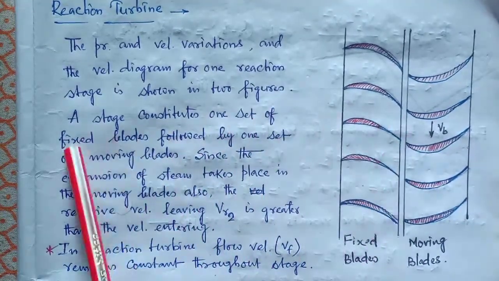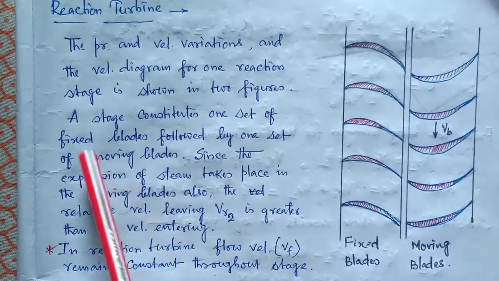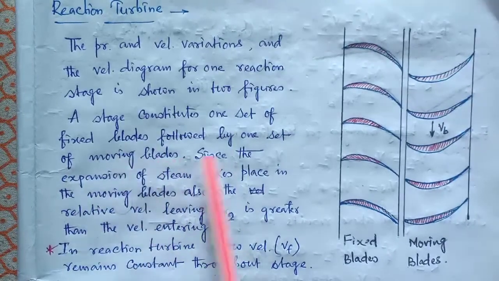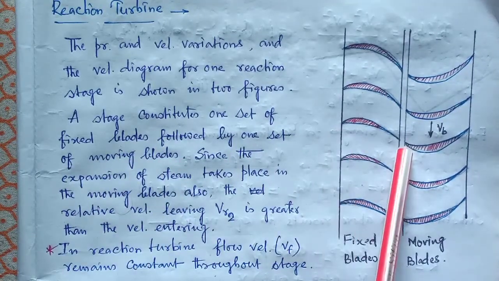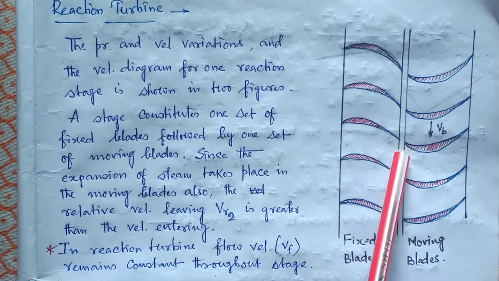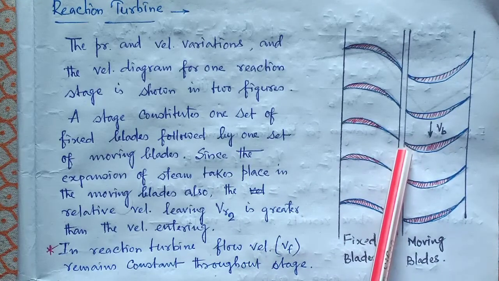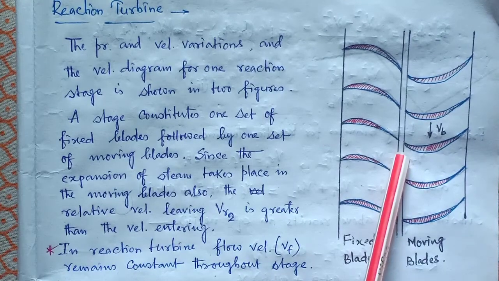A stage constitutes one set of fixed blades followed by one set of moving blades. Since the expansion of steam takes place in the moving blades also, the relative velocity leaving, that is VR2, is greater than the velocity entering.